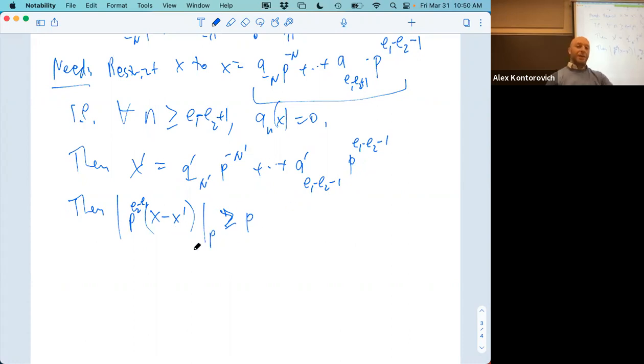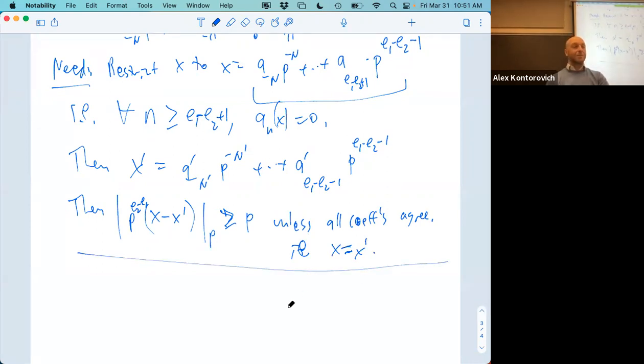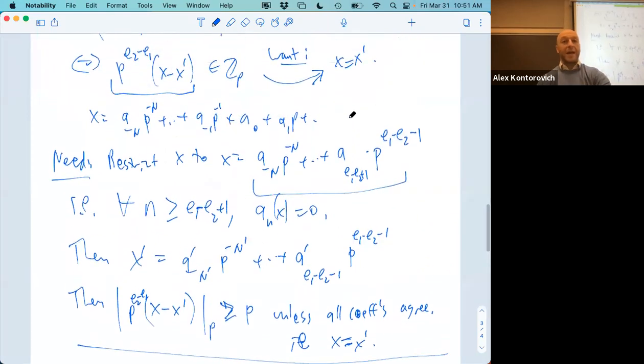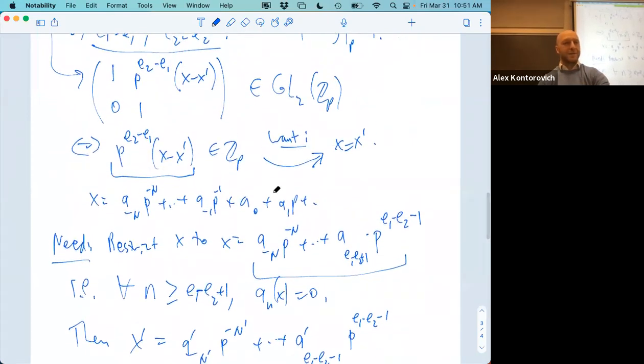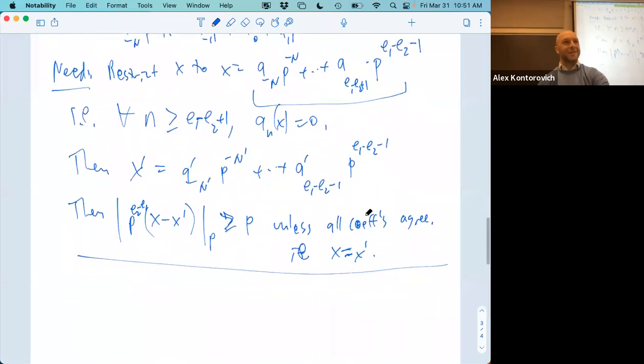Well, it's at least P unless they're all zeros, unless all coefficients agree, i.e. X equals X prime. And then X prime equals this, that's just forced from this having to be in GL over ZP. Otherwise, X prime isn't even.